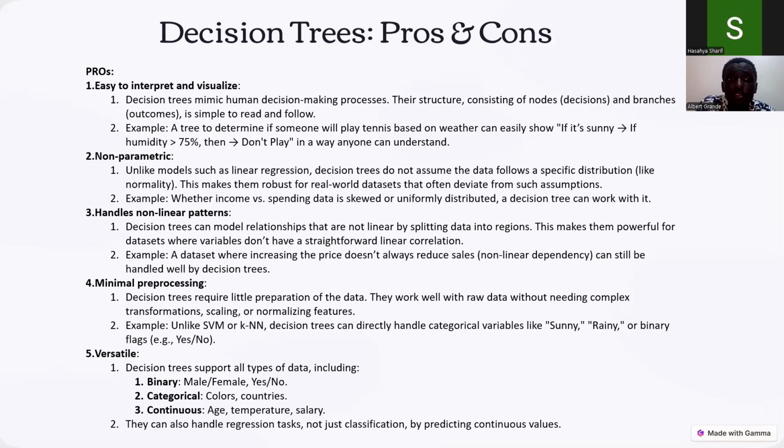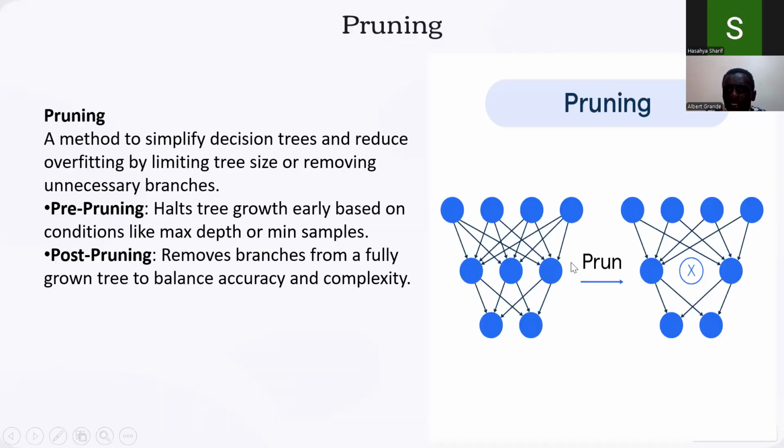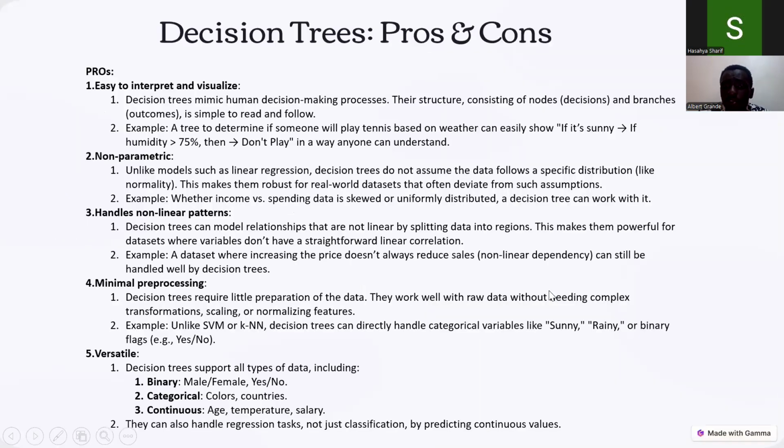Now, the pros of decision trees: they are easy to interpret and visualize. This is because they depict human decision-making processes, and since they consist of nodes and branches, just as you can see here, these trees are very easy to read and follow.